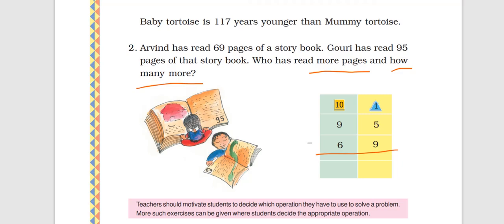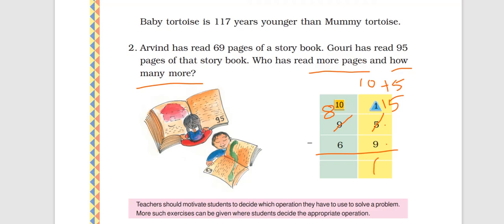How do we solve it? Again, we cannot subtract 9 from 5. So let's borrow from the tens place. There are 9 tens and let's give away 1 ten to the ones place. If we give away 1 ten, we will be left with 8 tens. And when we give 1 ten, which means 10 ones, and we already have 5 ones, in the ones place we have 15. 15 minus 9, let's count up to 15 from 9: 10, 11, 12, 13, 14, 15.